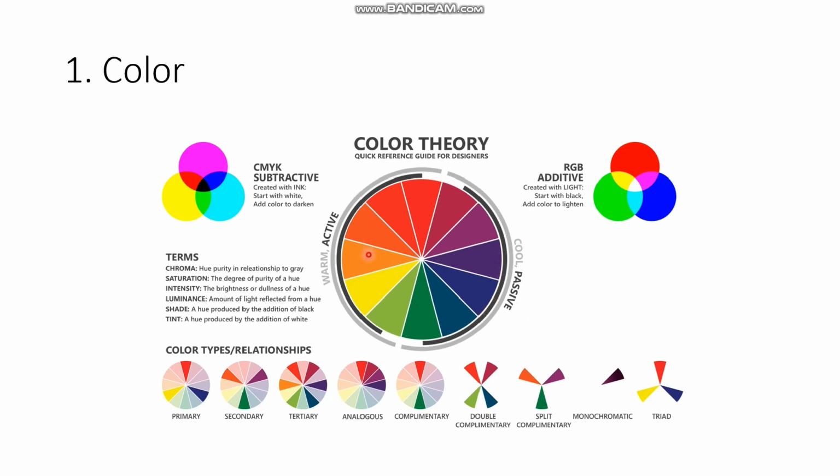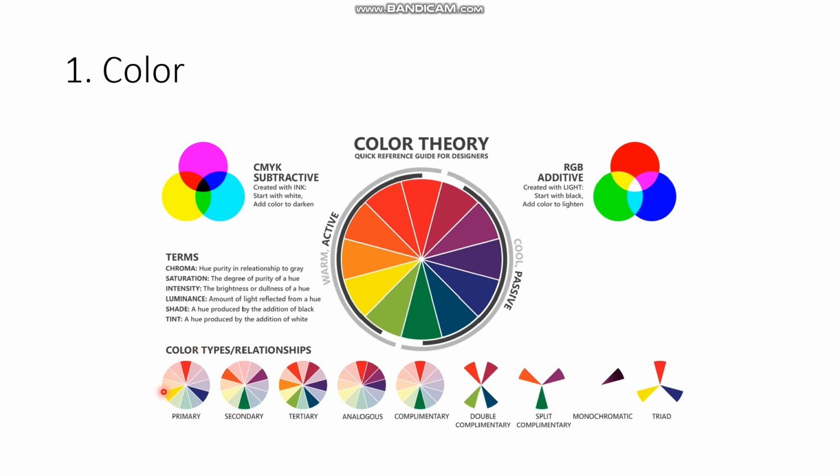Red and yellow are warm, but blue and purple are cool colors. We also have CMYK, cyan, magenta, yellow, and black, and RGB, the one that we always use, red, green, and blue.